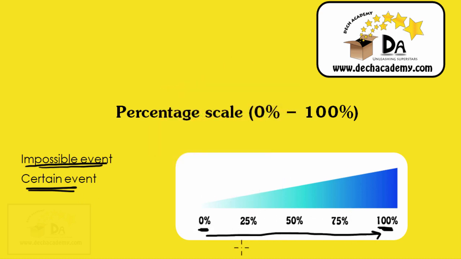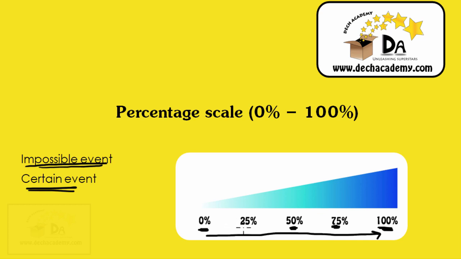From left to right, the probabilities increase, and that means that the chances of occurrence of the relevant event is getting higher. So let's put it this way. If an event has a probability of 75% and another event has a probability of 50%, the event with a probability of 75% is more likely to occur than an event with a probability of 50%.